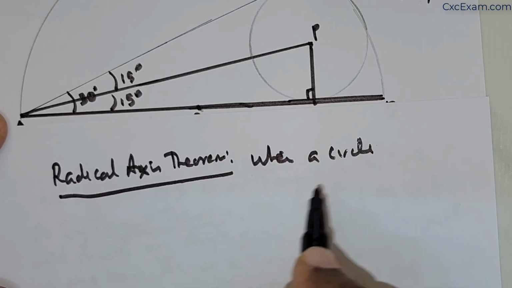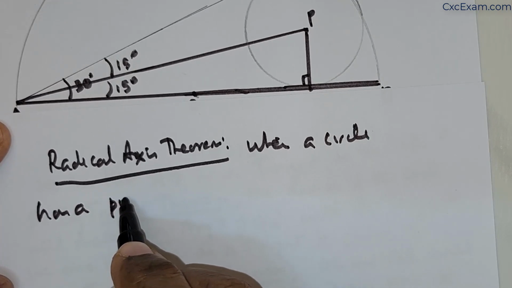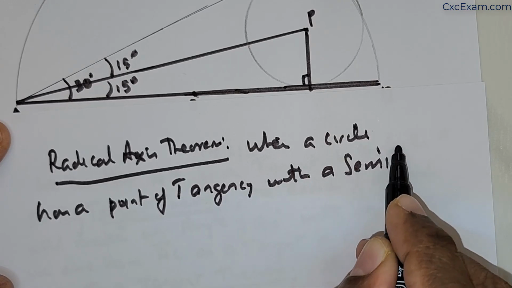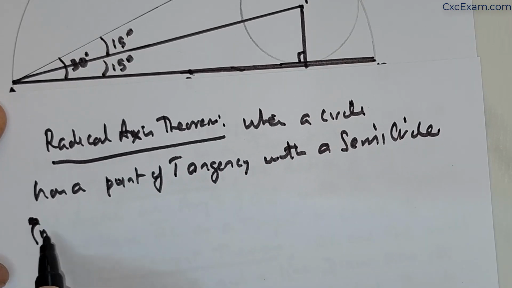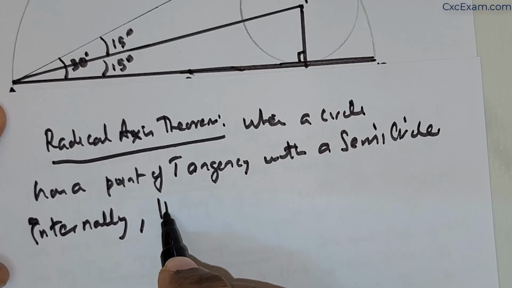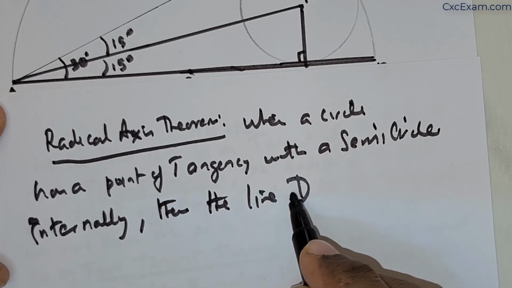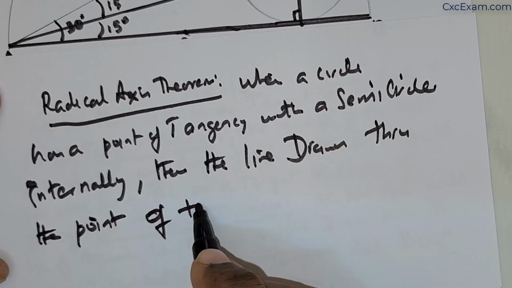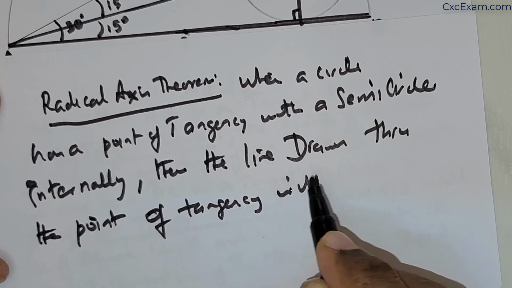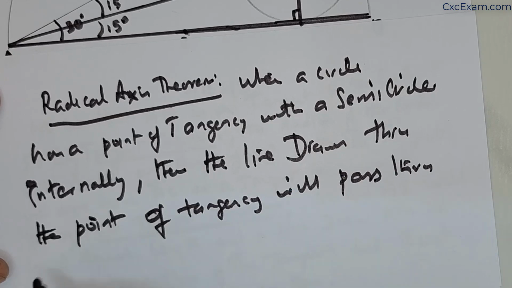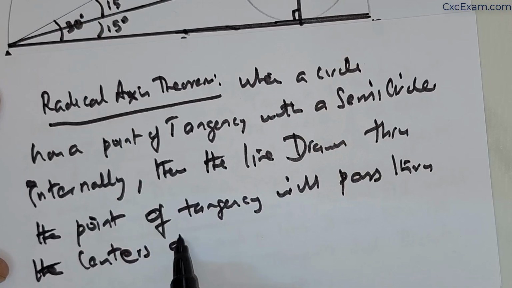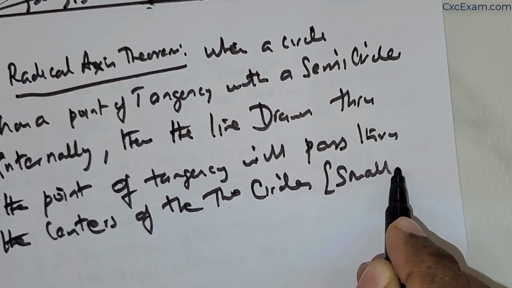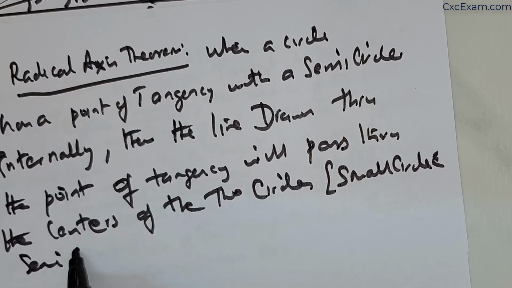When a circle has a point of tangency with a semicircle internally, then the line drawn through the point of tangency will pass through the centers of the two circles, the small circle and the semicircle.